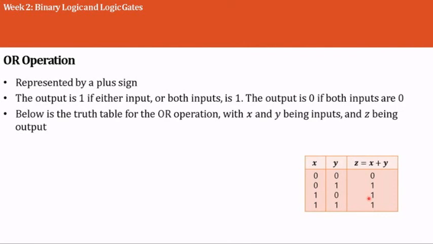Therefore, X or Y is equal to 1. Let's say X is equal to 1 and Y is equal to 1. Therefore, our Z, which is X or Y, will be equal to 1. If you can see from our table, as long as one of our inputs or both of our inputs are 1, our output will be 1. Otherwise, it is 0.